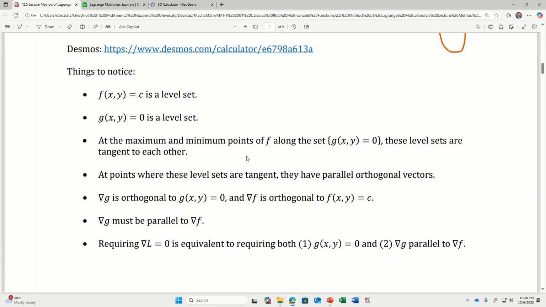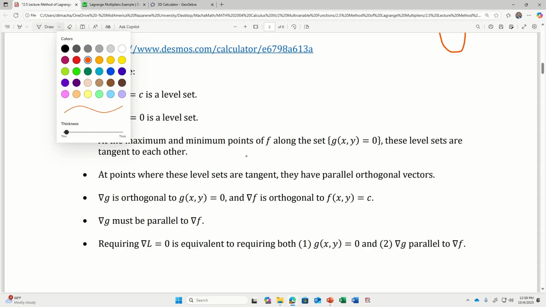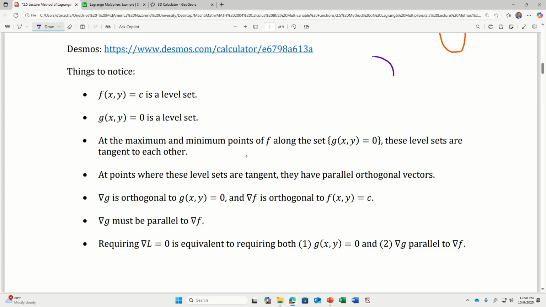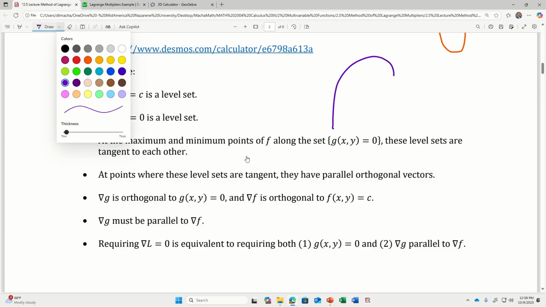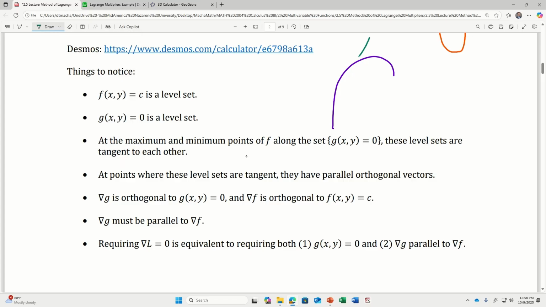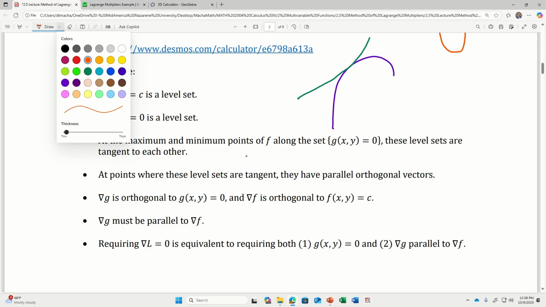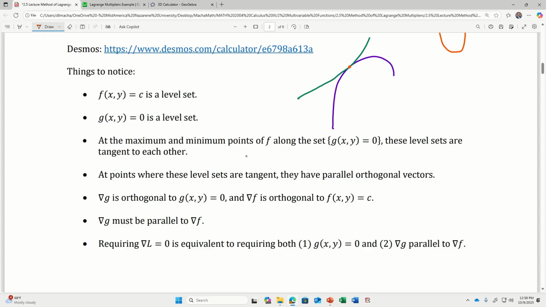At points where these two level sets are tangent to each other, they have parallel orthogonal vectors. So if I have this purple set, and then I have this green set, and they happen to be tangent to each other right here, well, the orthogonal vector of the purple set is going to be parallel to the orthogonal vector of the green set.